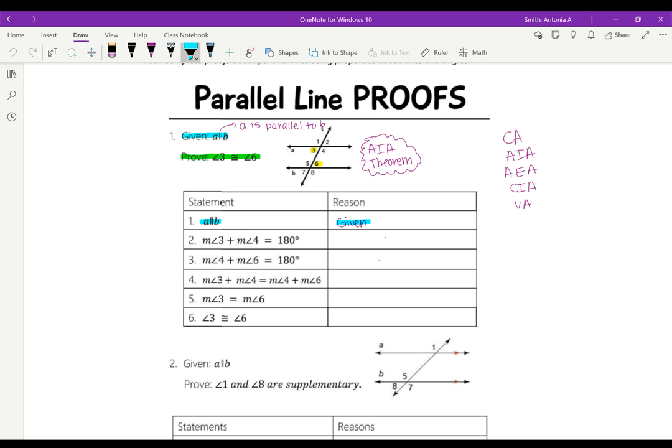Okay, and you'll see that a little bit with this lesson as well. So let's look at statement number 2. Statement number 2 says the measure of angle 3 plus the measure of angle 4 equals 180. Well, let's look at our picture. If it's not in our given information and they're making a statement like this, let's check and see if the picture tells us more information. In this picture, angle 3 is right here, and angle 4 is right here.